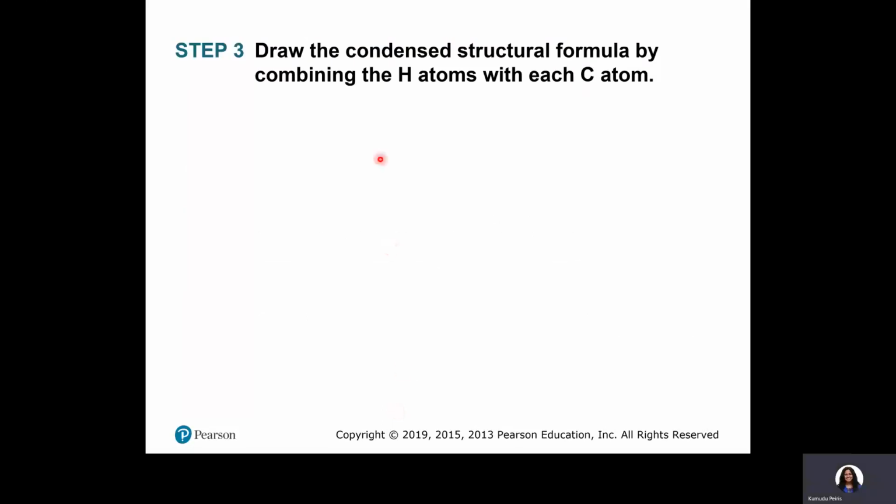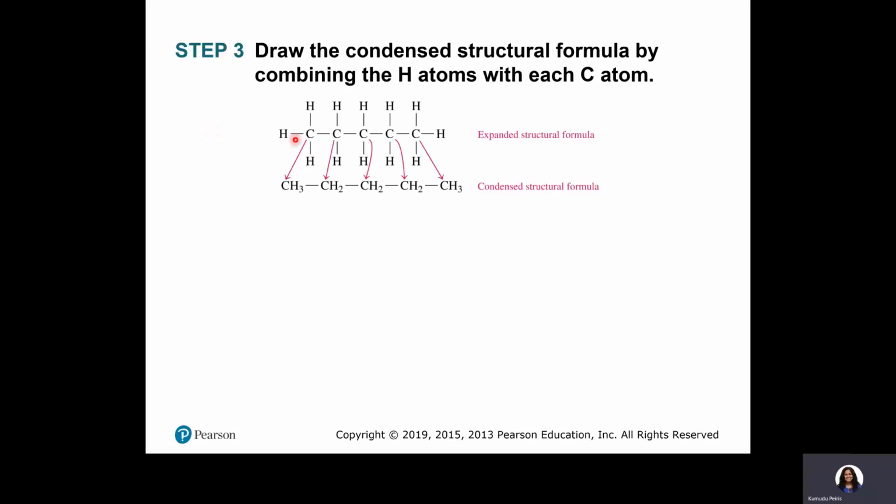Next, I'm going to draw the condensed structural formula for this pentane. Now, I'm going to combine the hydrogen atoms with each carbon atom. There are 3 hydrogens attached to this carbon atom, so I'm going to write it as C for the carbon, H for the hydrogen, and a subscripted 3.